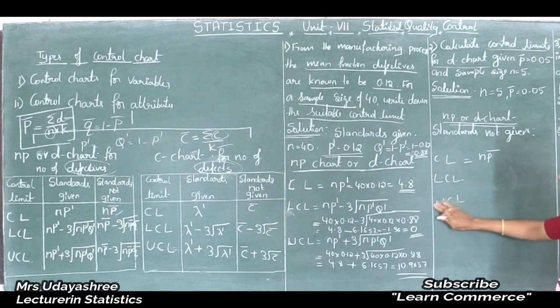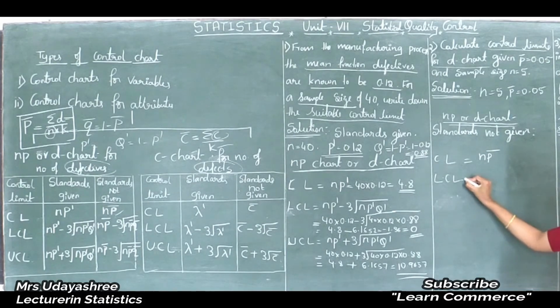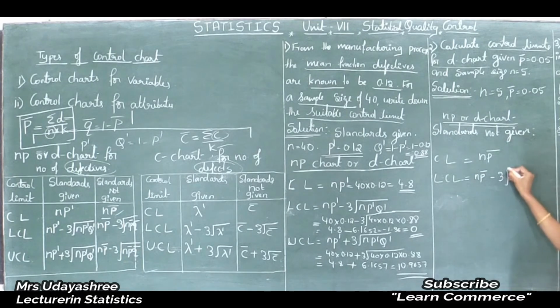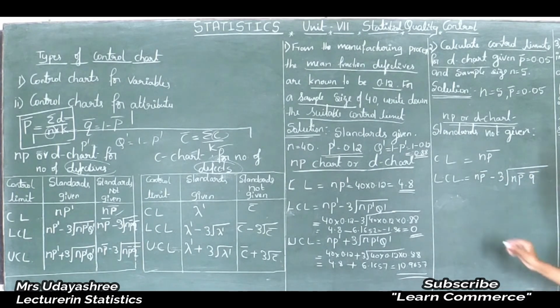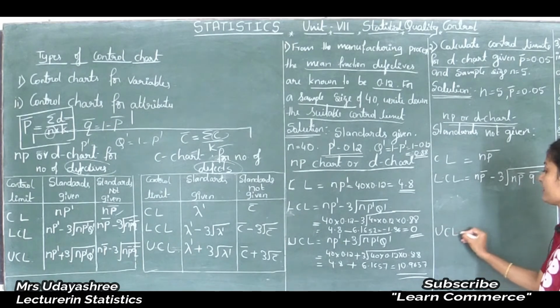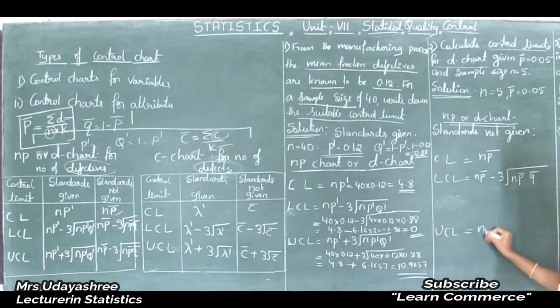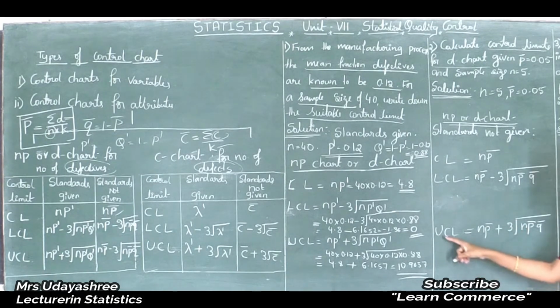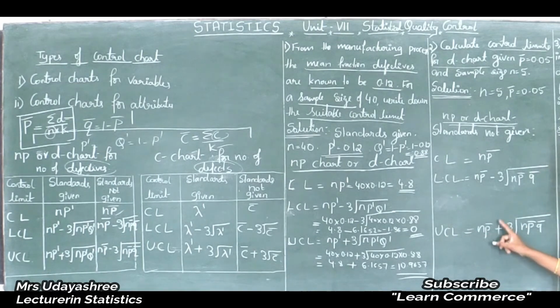To calculate the lower control limit, the formula is n into P bar minus 3 into square root of n into P bar into Q bar. Then to calculate the upper control limit, the formula is n into P bar plus 3 into square root of n into P bar into Q bar.